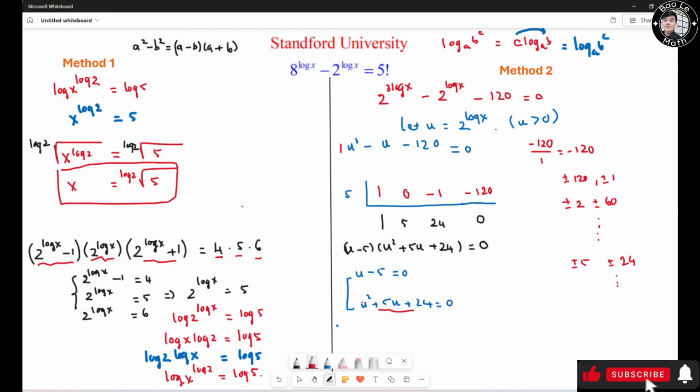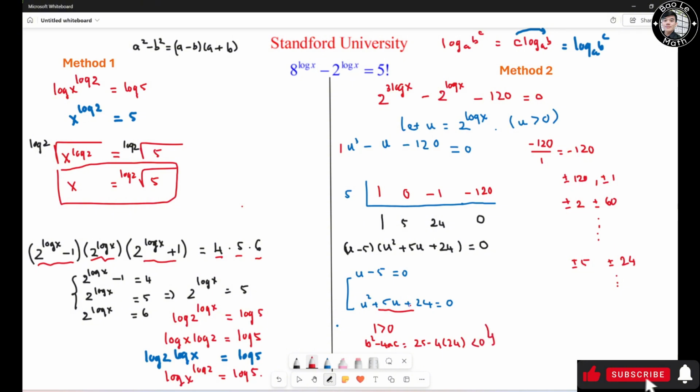This one has a leading coefficient of 1, greater than 0, and the discriminant b squared minus 4ac equals 25 minus 4 times 24, which is less than 0.